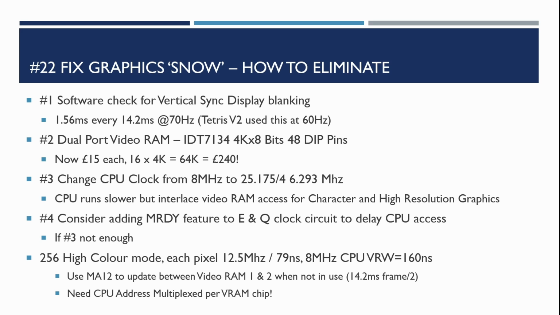Even if I changed the CPU clock to be in step with the CRTC, we probably need to choose number 4 anyway, and if we're using number 4, then we probably don't need number 3, and we can leave the CPU running at a faster speed. So number 3 didn't really result in very much, so we're going to go on to number 4 now and look at how to sort out the memory access synchronization.